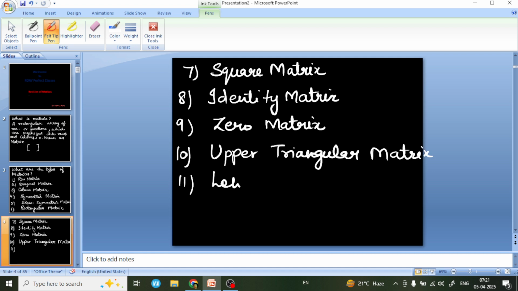Lower triangular matrix. I think I have covered almost all types of matrices.